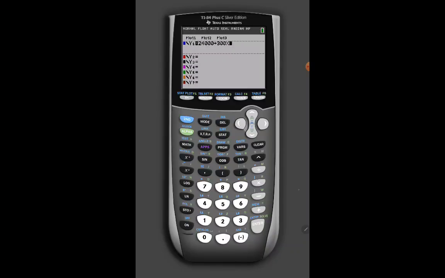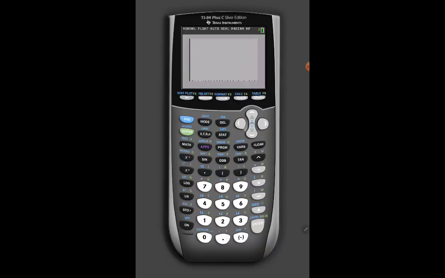Yep, gotta put in parentheses. Divided by number of models. And then we go to graph.